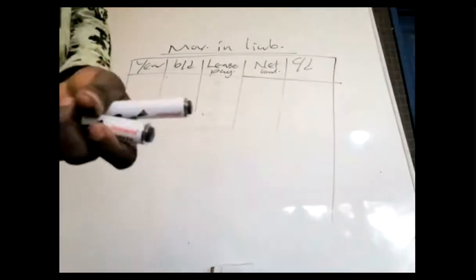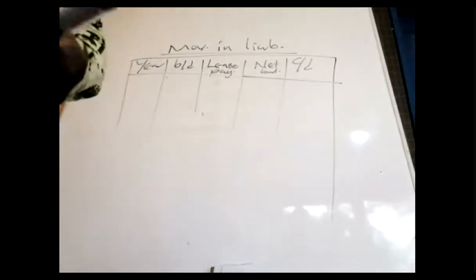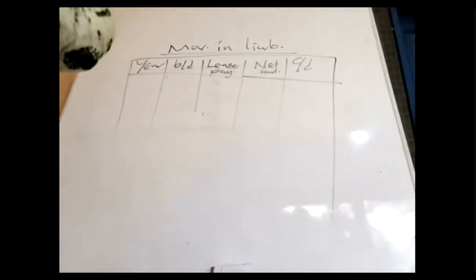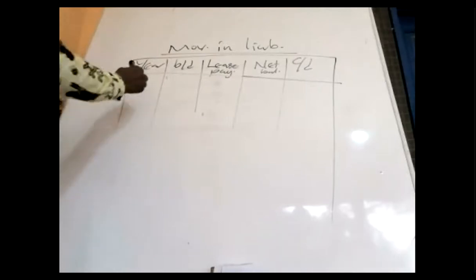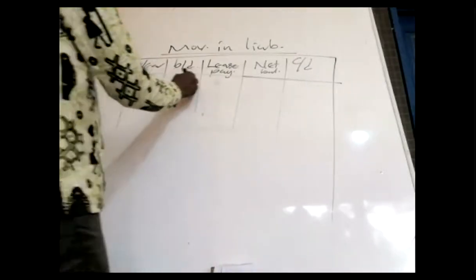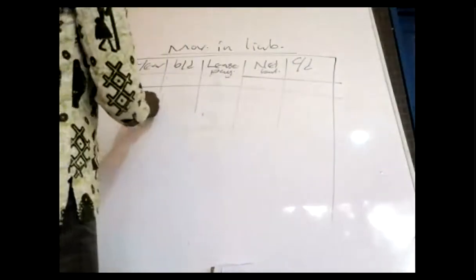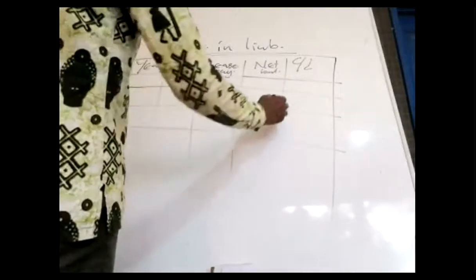Now, originally, this question did not ask us to do it for all the years, but I will do it for the whole 5-year period: year 1, year 2, year 3, year 4, up to year 5. Take notes of that.